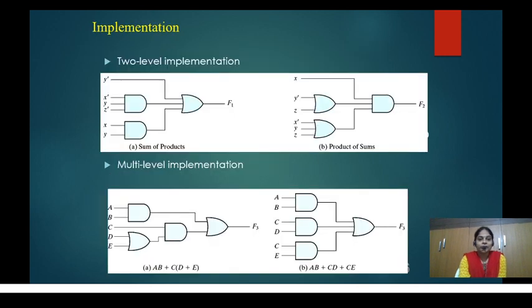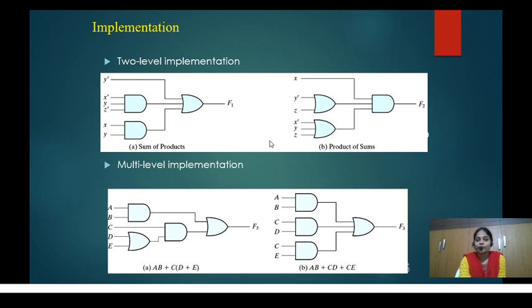How can this be implemented? By using gates, that is the OR gate and AND gate. For sum of products, first you find the products and then perform the OR operation, that is the sum. The AND operation performs multiplication, and the OR operation performs addition. So first find the products and then sum by using the OR gate.